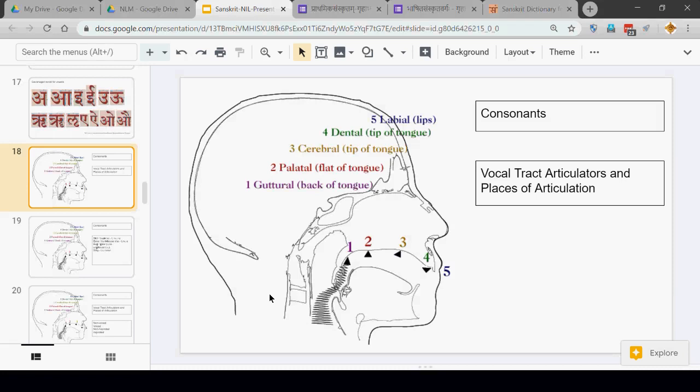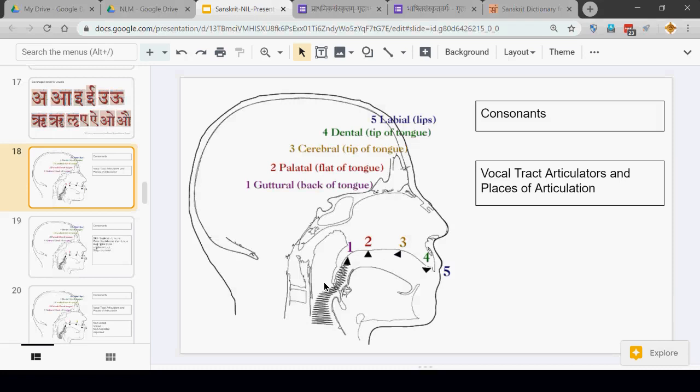So we have 5 positions like this for air stoppage. First is guttural, back of the throat, and at that position the back of the tongue is used as an actuator, or the instrument, to stop the air or try to stop the air.